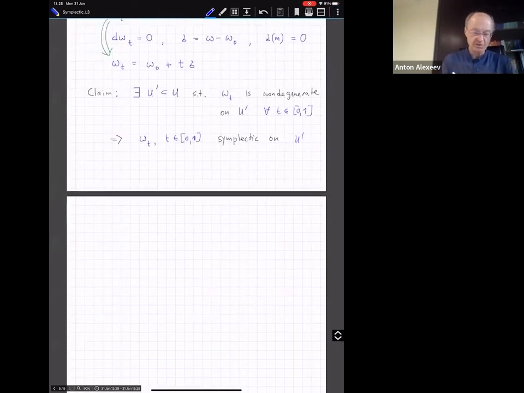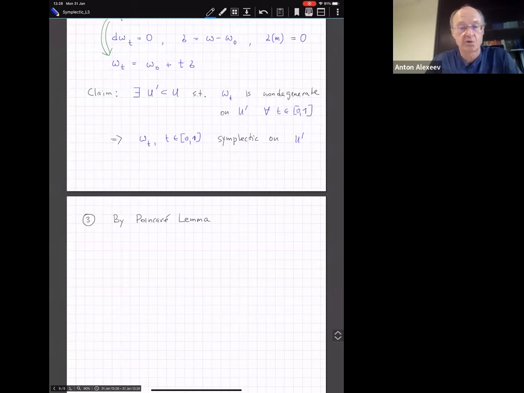Okay, so now step 3. By the Poincaré lemma. I guess you probably know, the Poincaré lemma is saying that if you have a closed form on a contractible set or on some star-shaped domain, then it is actually exact.